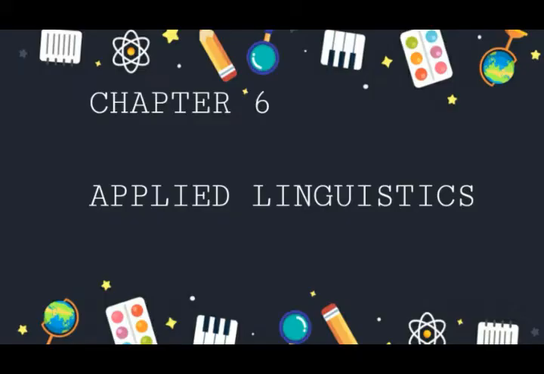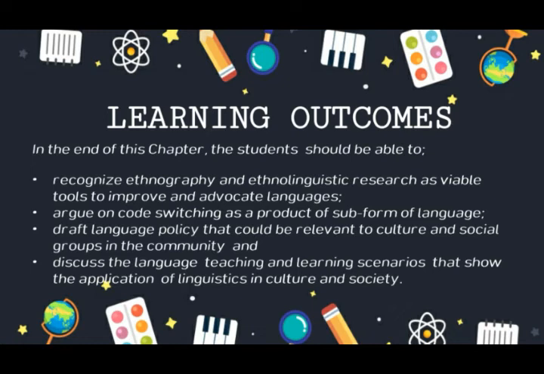Welcome to Chapter 6, the Applied Linguistics, and here are the learning outcomes. In the end of this chapter, the students should be able to: first, recognize ethnography and ethnolinguistic research as viable tools to improve and advocate languages.